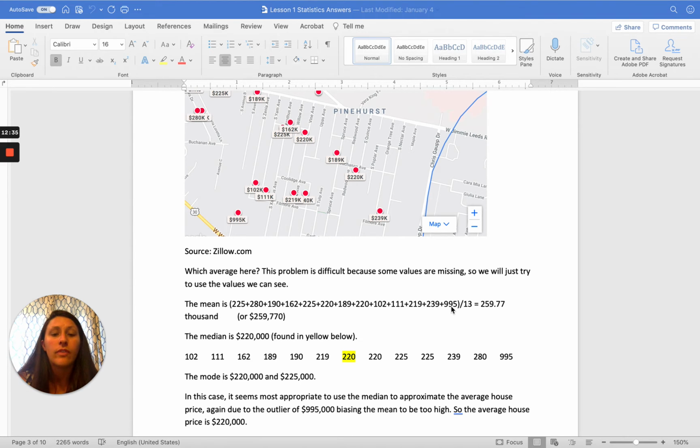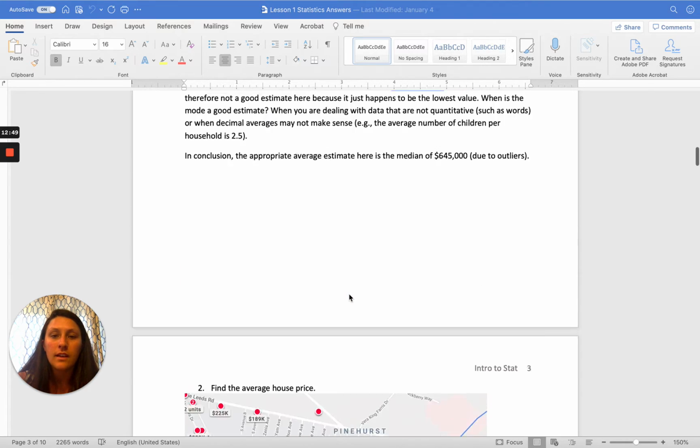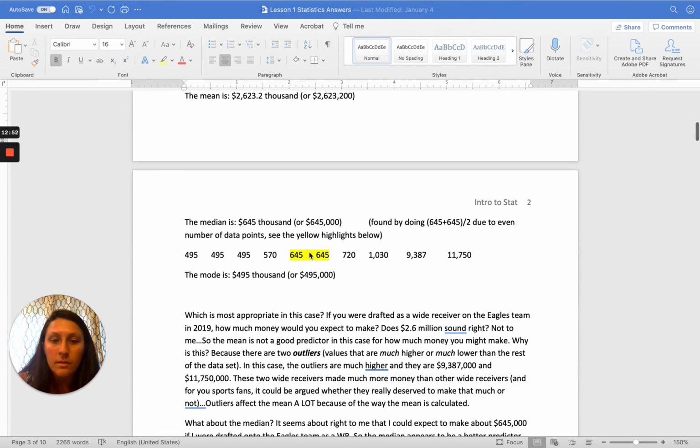It's bringing it too far up. The median is 220,000. And again, I put the numbers in order, and here there are 13 total numbers, so that's an odd number, which means the median should be a number that you can see. It's right in the middle. Unlike our first example, where the median didn't exist.